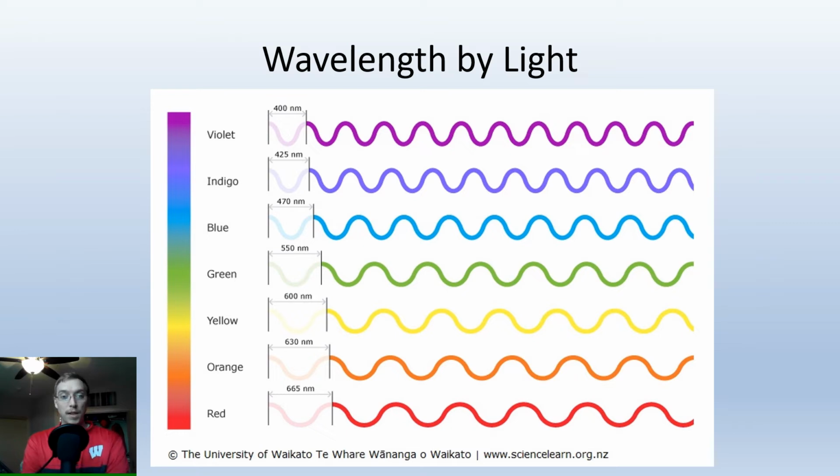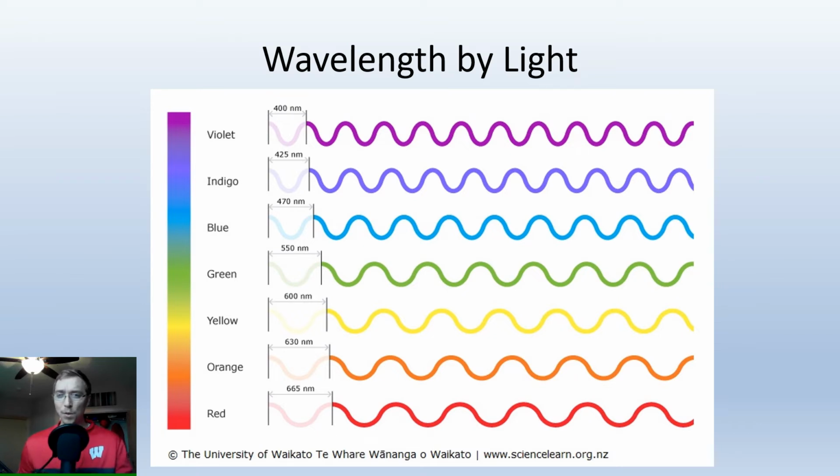So here you can see the longer wavelengths, like red light, 665 nanometers is the wavelength, versus blue and indigo and violet between 400 and 470 nanometers. So we can see that those have a pretty different wavelength and a different structure.